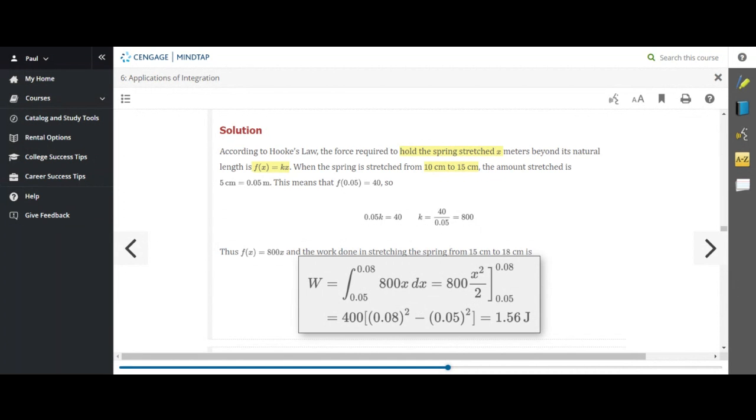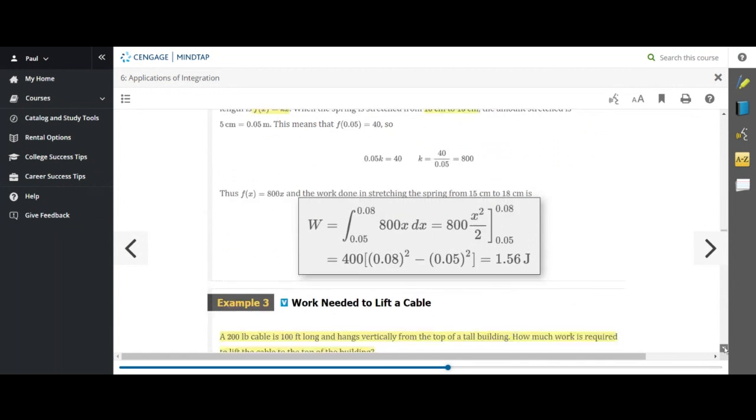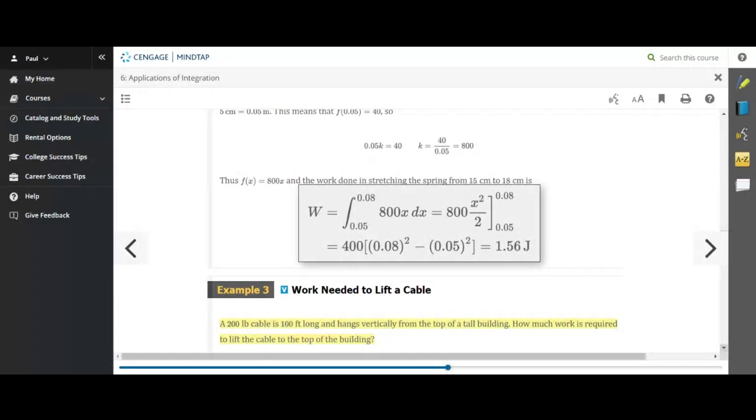Okay. Well, the next example I want to talk to you about deals with work needed to lift a cable. I'm going to do my own little example here. Let me bring it up.